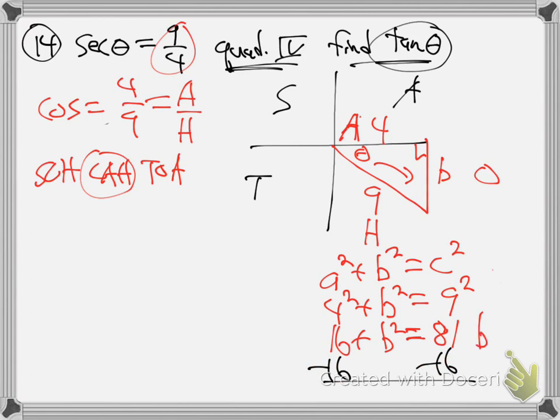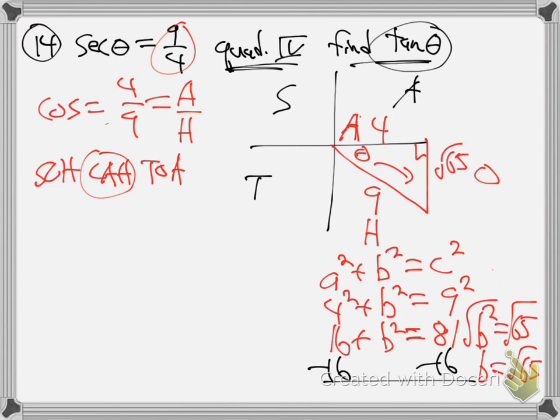What is 81 minus 16? Use my calculator here. 65. Root it. So B is root 65. So this side over here is root 65.